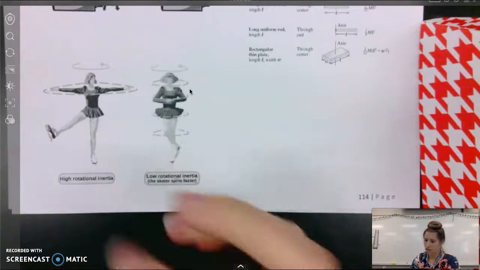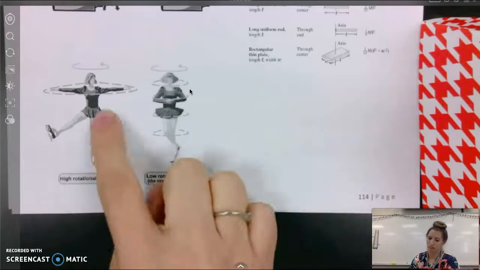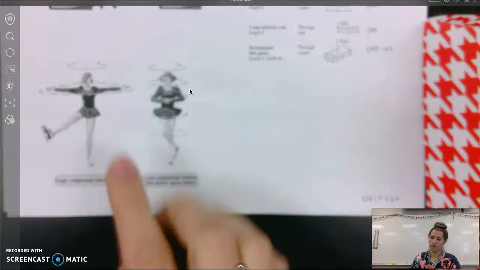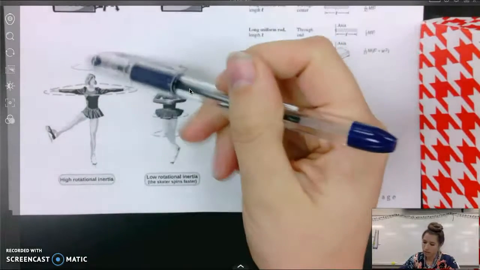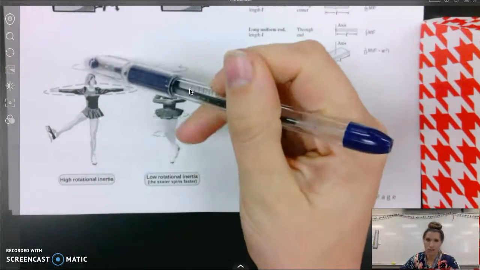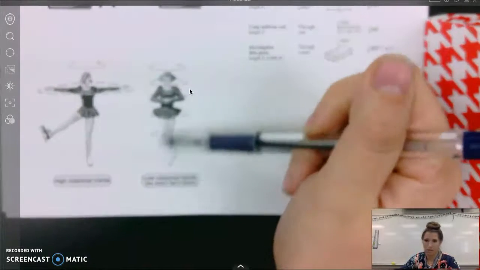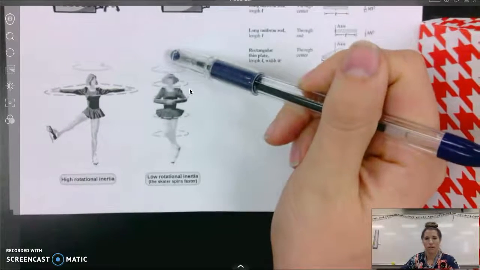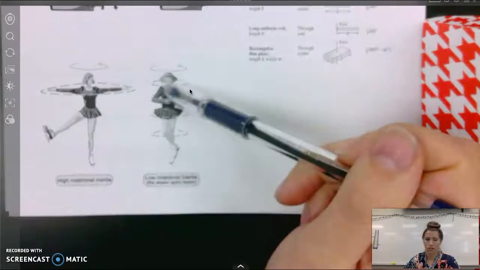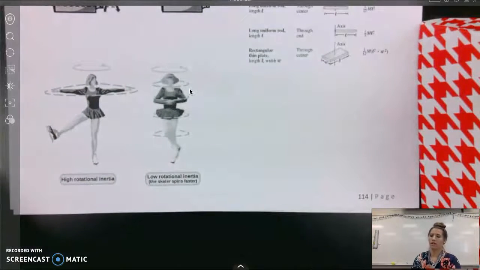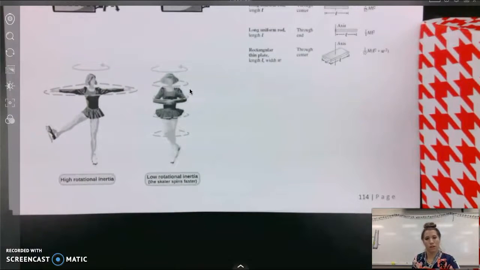And that's the only thing that's changing: they're taking their mass from being further from the axis of rotation to being close to the axis of rotation. And so we have less rotational inertia here. So it's easier to spin, and so they speed up.